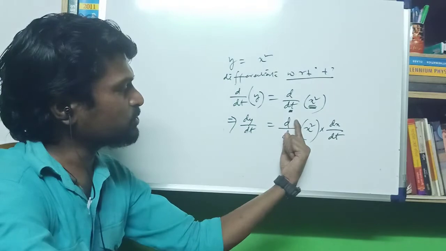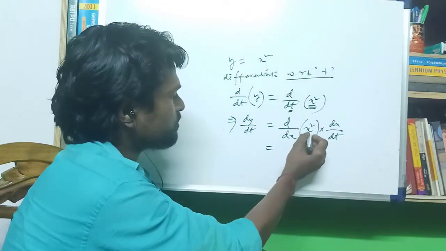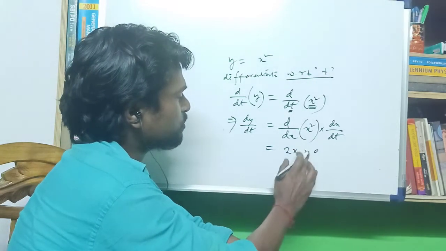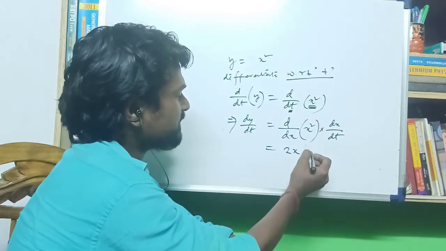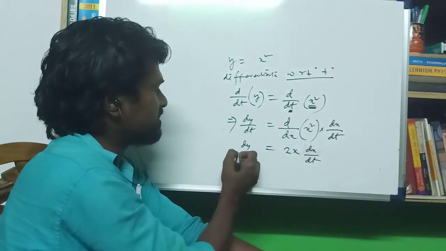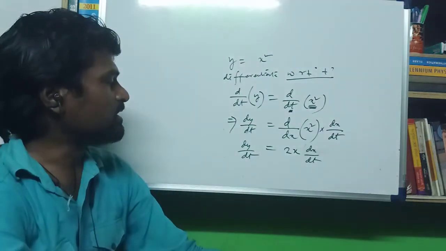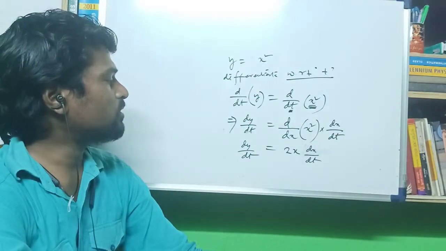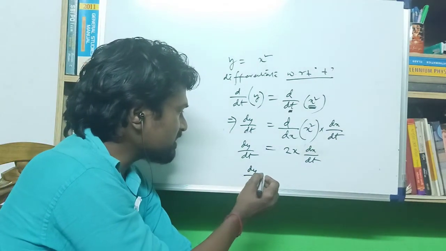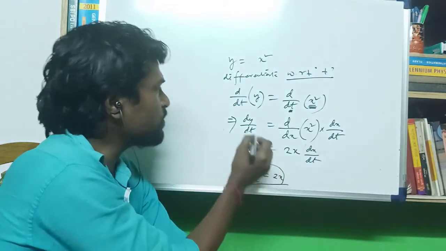So d/dx of x square means 2x into dx by dt. So this is the differentiation dy by dt equal to this one.